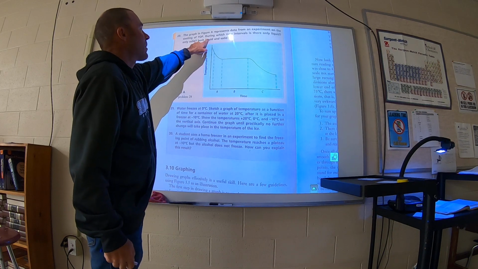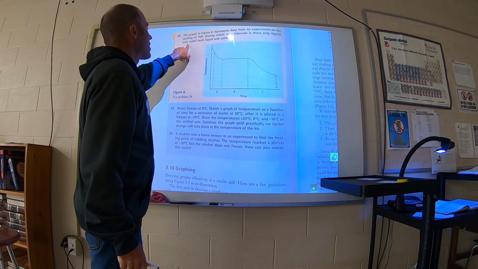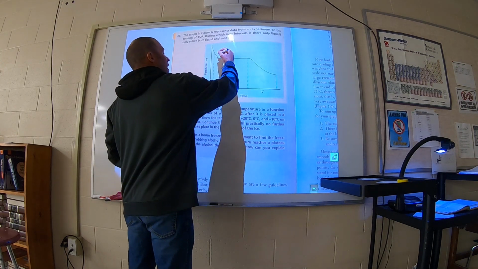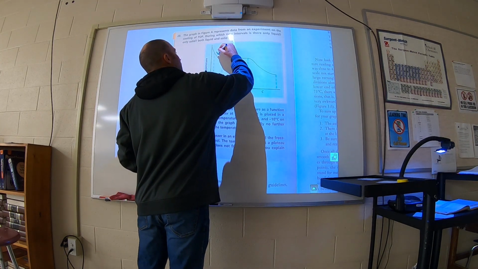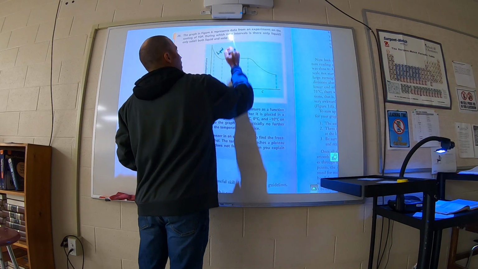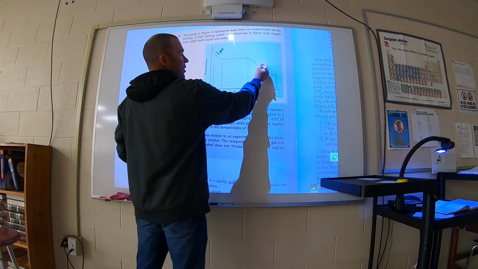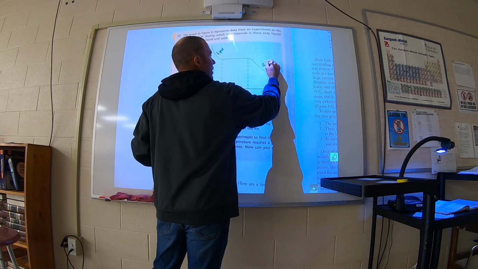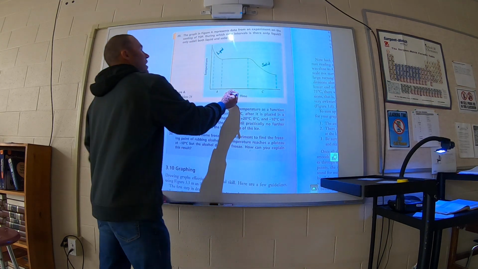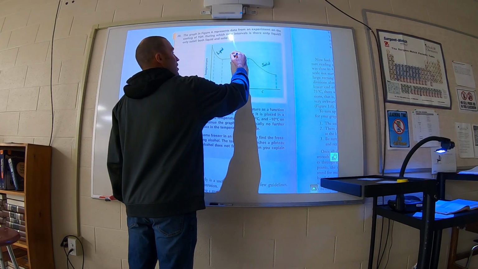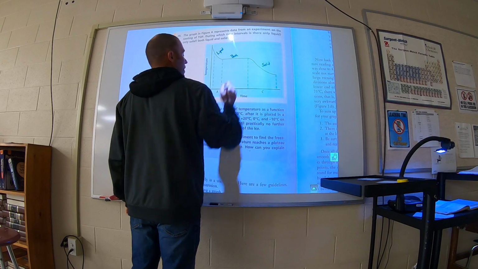It says during which time interval is there only liquid, only solid, both liquid and solid. So here at the beginning, this is the highest temperature. So letter A is liquid. Letter C is the lowest temperature here. This is when it's a solid. And then letter B, this is where it's going through the phase change. This is where it is both a liquid and a solid.